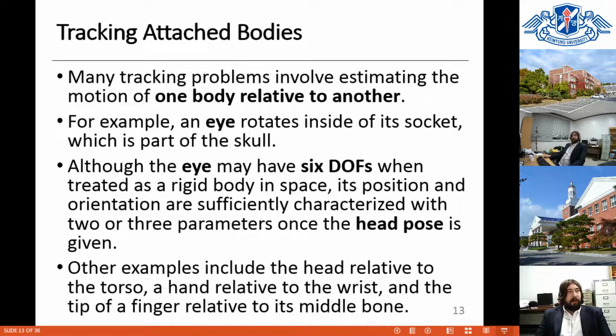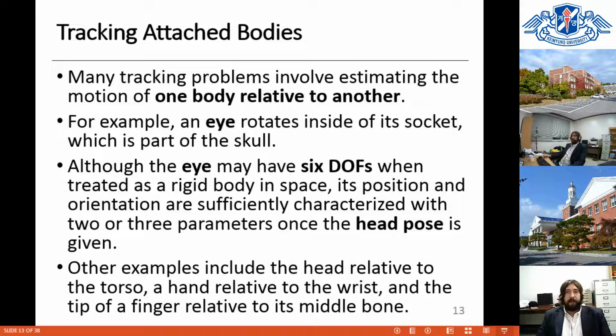So the next thing, dear students, I would like to talk to you about today is related to tracking attached bodies. As you know, many tracking problems involve estimating the motion of a body relative to another, so bodies can be connected to each other. For instance, an eye rotates inside its socket, which is part of the skull.